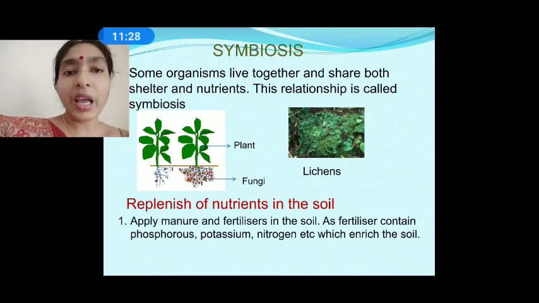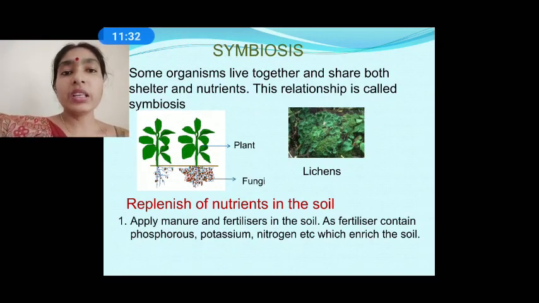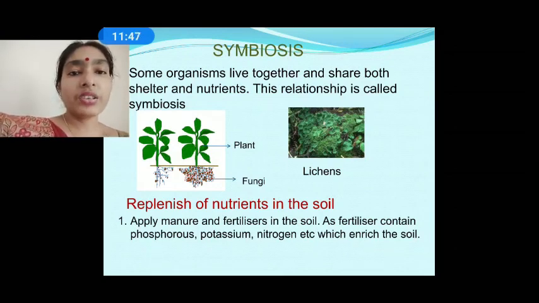One is we can apply manure or fertilizer from outside. That fertilizer will be enriched with phosphorus, potassium, nitrogen, etc. So that will enrich the soil again, and plants will get the minerals from the soil again.